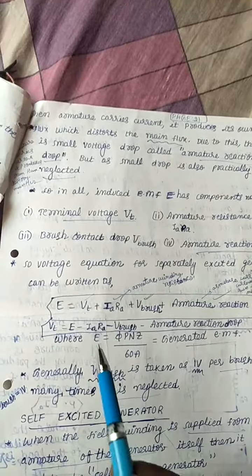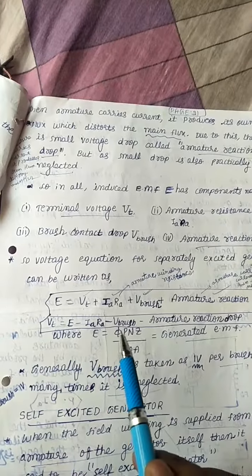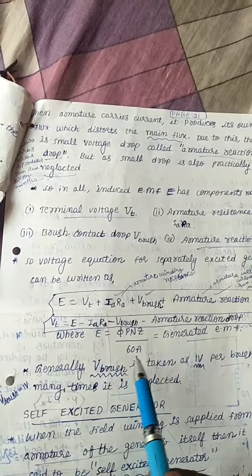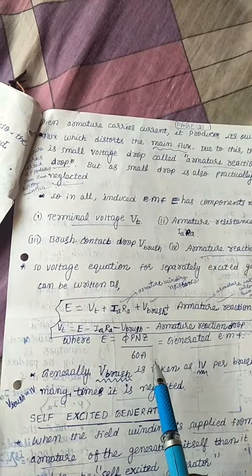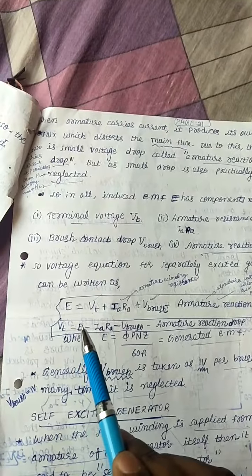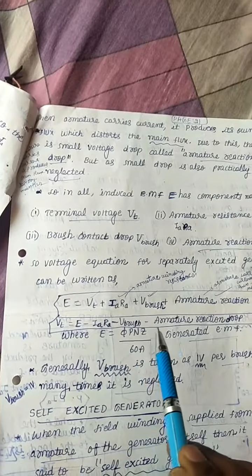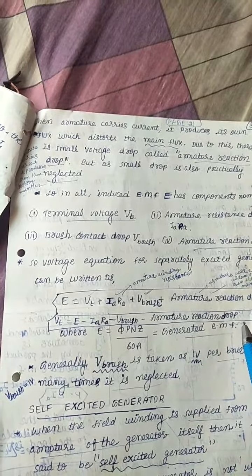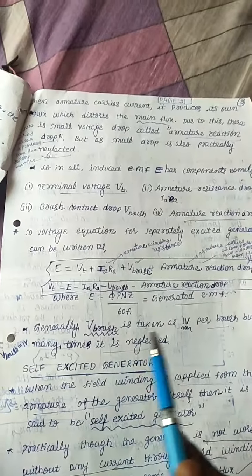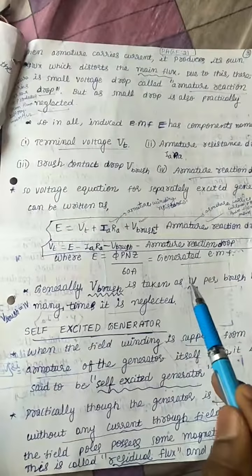The induced EMF is nothing but PΦNZ by 60A. This equation I derived in the previous class. So the equation for Vt is equal to E minus IaRa minus V brush minus armature reaction drop. The voltage drop across the brush is 1 volt. Normally we will neglect this voltage.